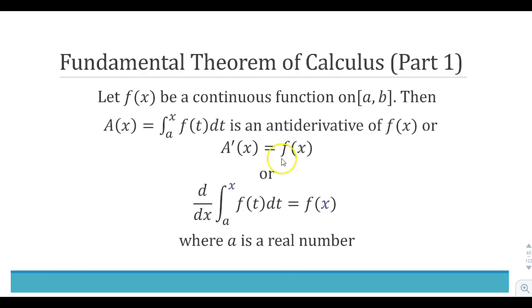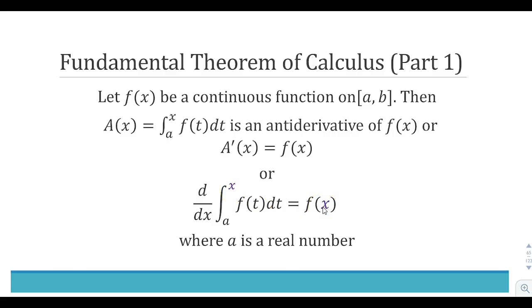Or another way to think about this, if we take the derivative of this accumulation or area function, the integral from a to x of f of t dt, so the derivative of this definite integral that represents an area function, that's simply f of x.